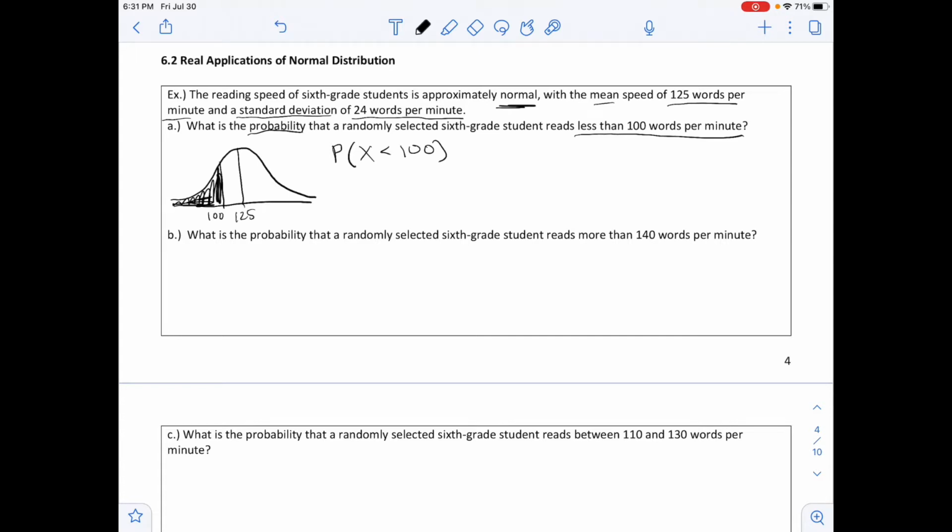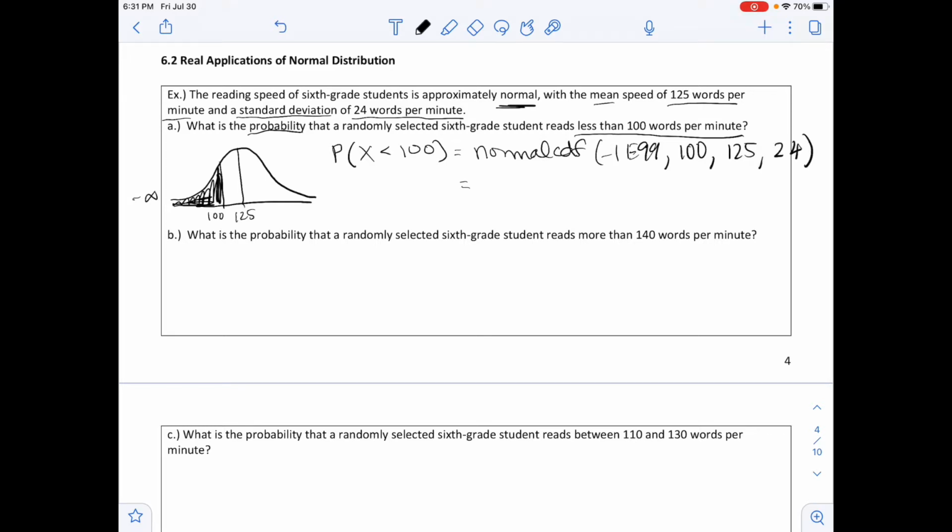Since I'm asked to find this probability or this area, I need to use normal CDF. For normal CDF, the lower bound starts at negative infinity, or like we saw last section, -1e99, comma, where does the shading stop? At 100, comma, the mean and the standard deviation, so a mean of 125, standard deviation of 24.